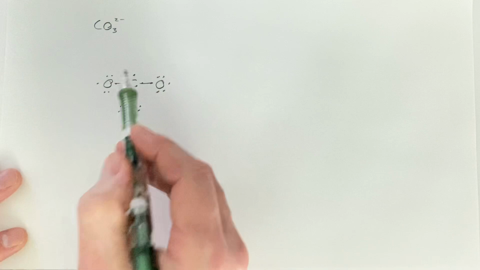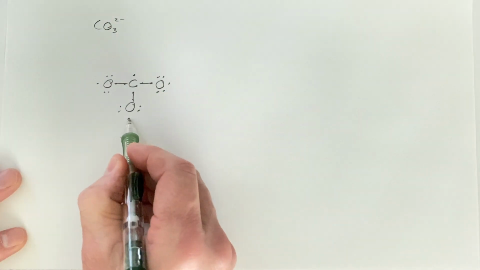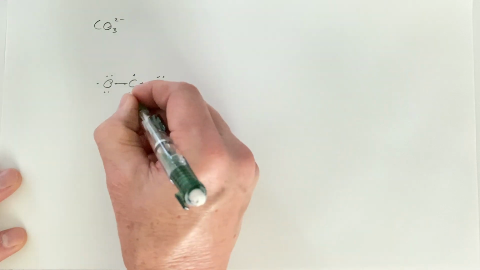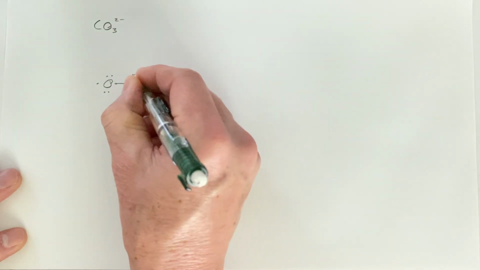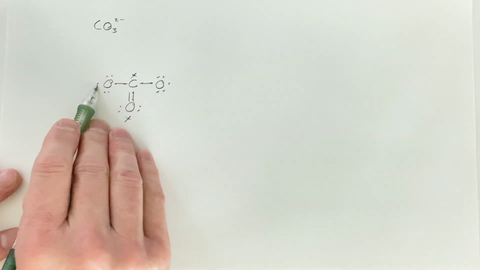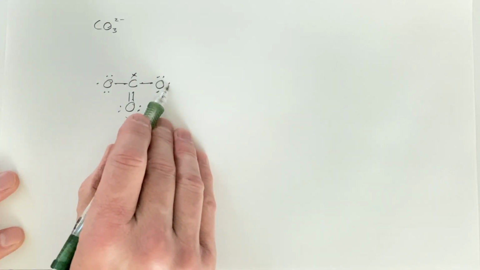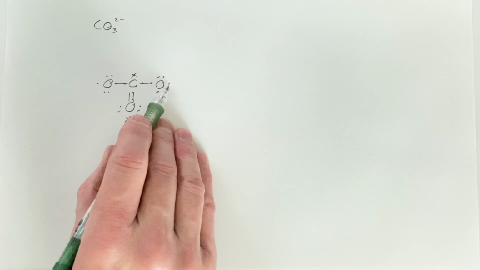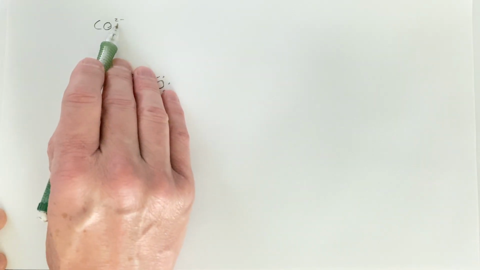We see we have an unpaired electron on the carbon and an unpaired electron on the oxygen. We will make a double bond. We have an unpaired electron on this oxygen and an unpaired electron on this oxygen. Again, we should not have unpaired electrons on our Lewis structure, so we will add the 2 extra electrons on the oxygen atoms to make electron pairs.